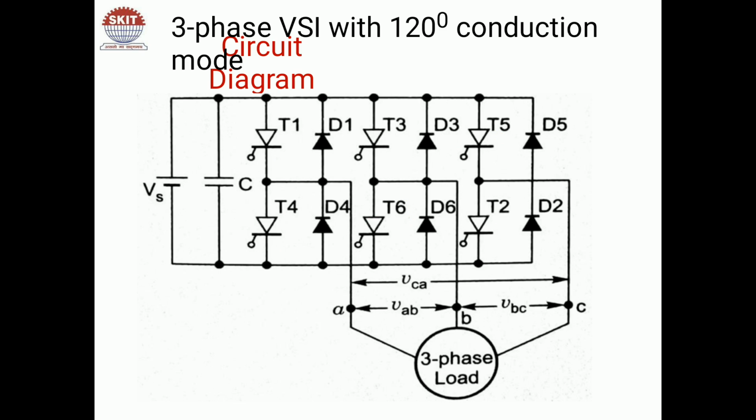This circuit has 2 groups of SCRs. The first group is called the positive group of SCRs, which consists of T1, T3 and T5. And the second is the negative group of SCRs, which consists of T4, T6 and T2.